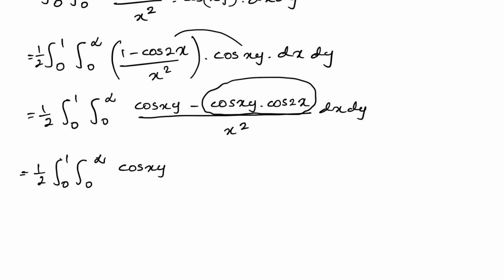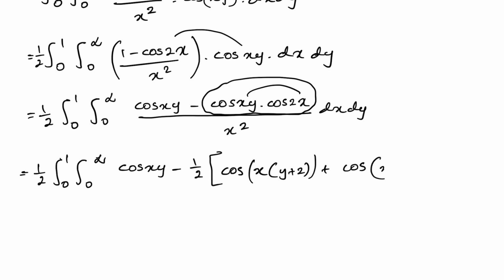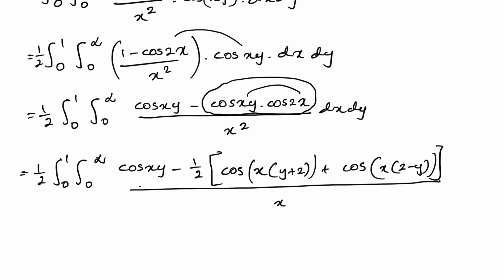So we have minus 1/2 cosine of the sum of these angles. We have x as a common factor, so x times (y plus 2), plus, then subtracting, we have cosine of x times (2 minus y). Then in the denominator we have x squared, and dx dy.